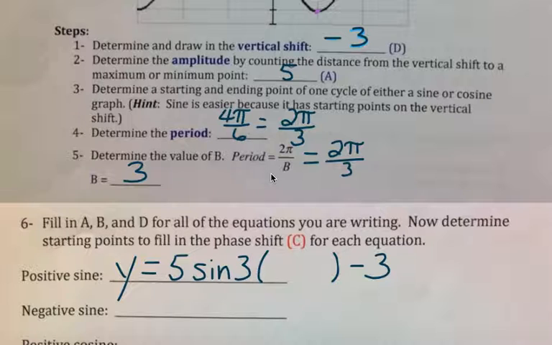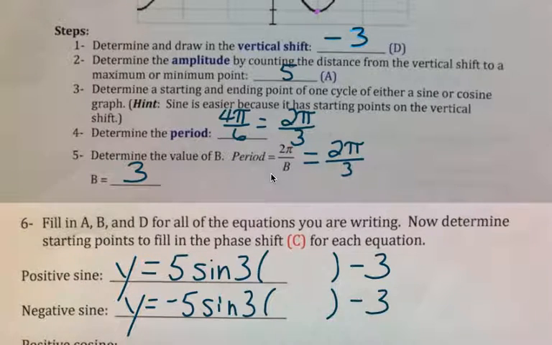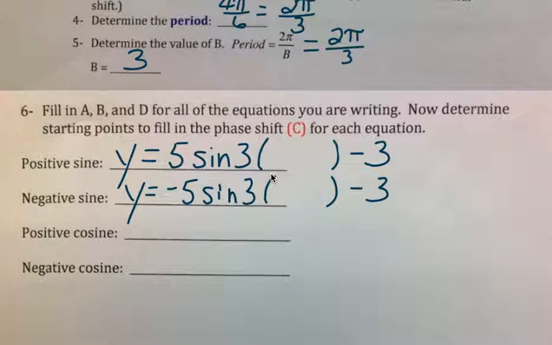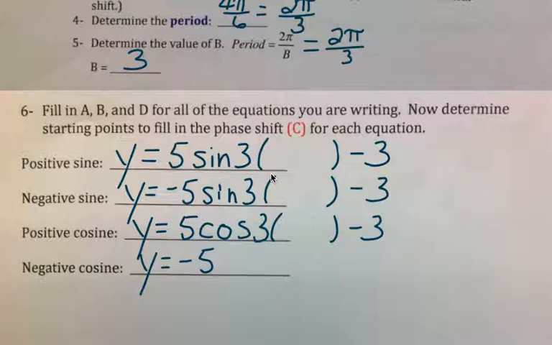Then I'll do y equals -5 sine 3, again leaving a space, -3. I'm going to do the same thing for my cosine graphs.